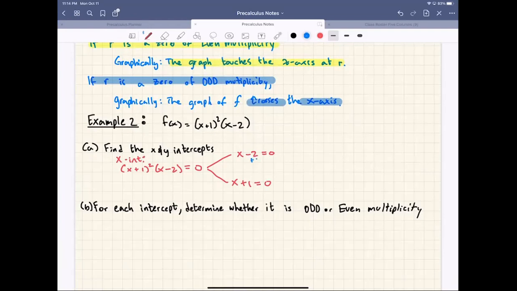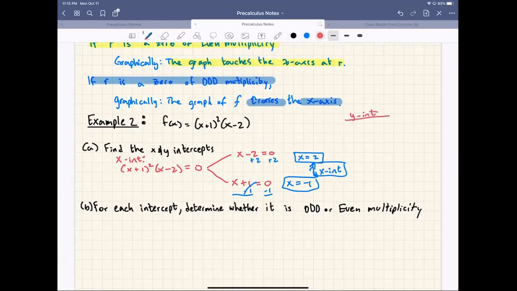For this one, you're going to add 2 to both sides, so one of the x-intercepts is 2. And then minus 1, you get x equal to -1. So these are your x-intercepts. For our y-intercept, you're going to let x equal 0.